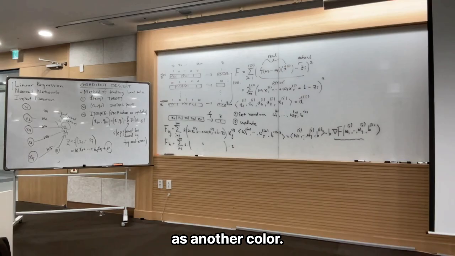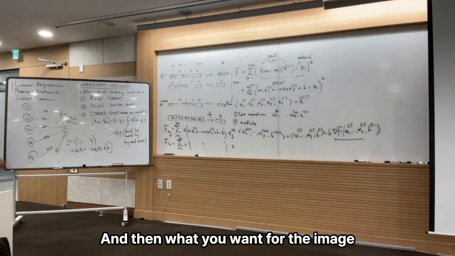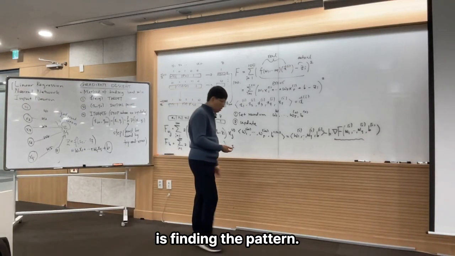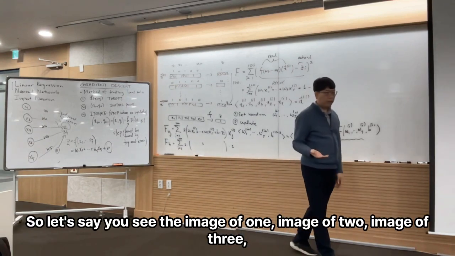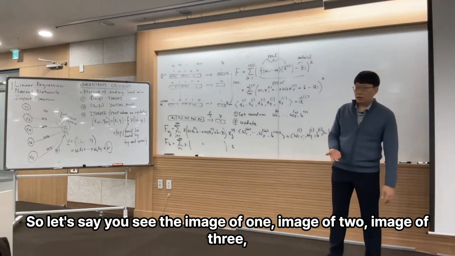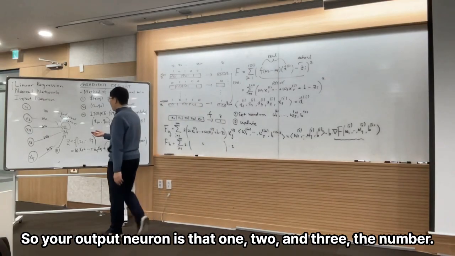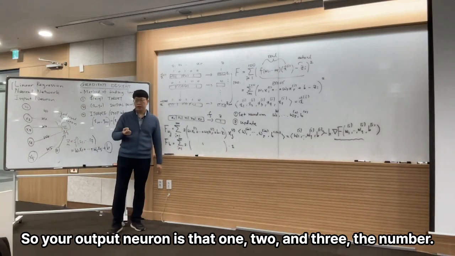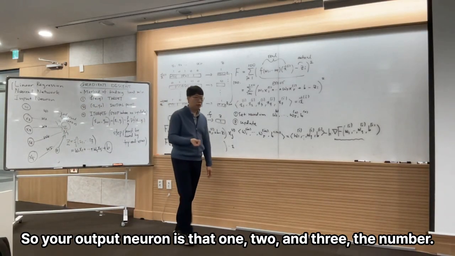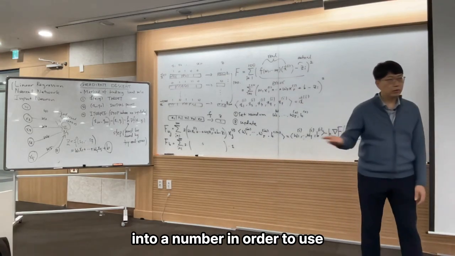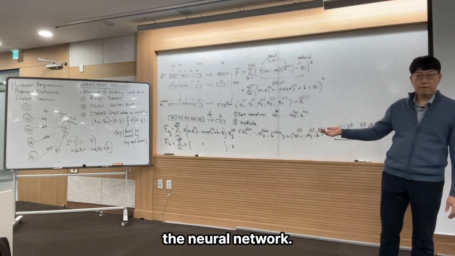And then what you want for the image is finding the pattern. So let's say you see an image of 1, an image of 2, an image of 3. You want to label them with 1, 2, 3, right? So your output neuron is that number. So you have to convert everything into a number in order to use the neural network.